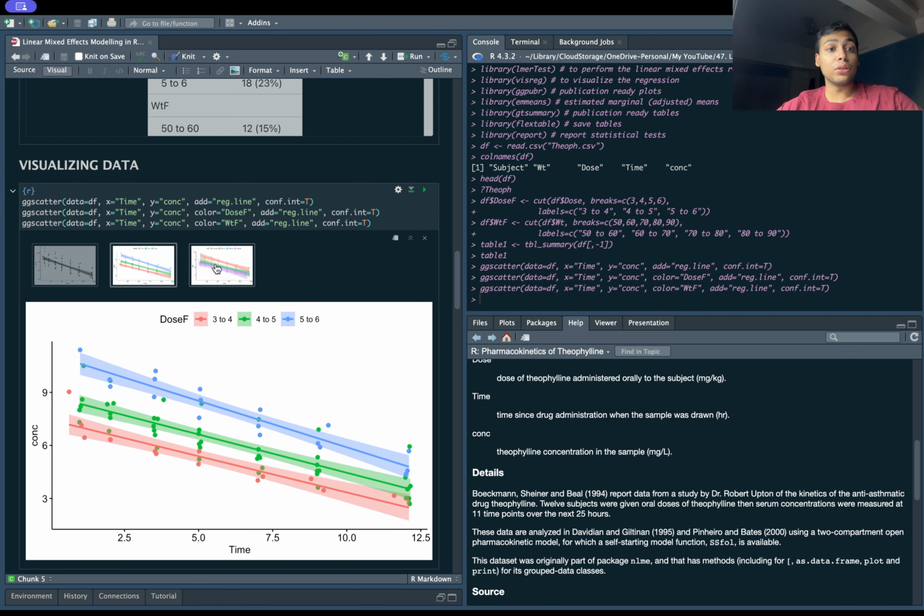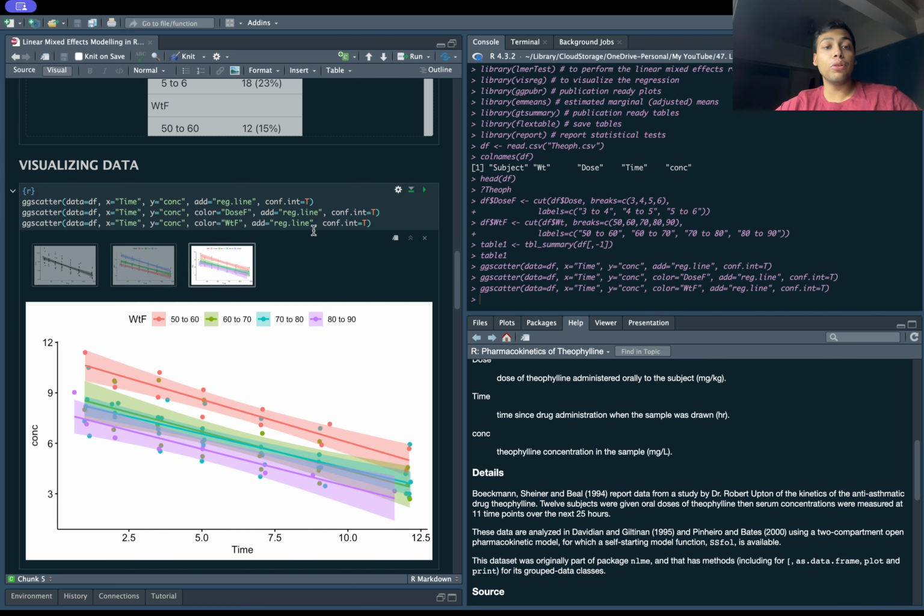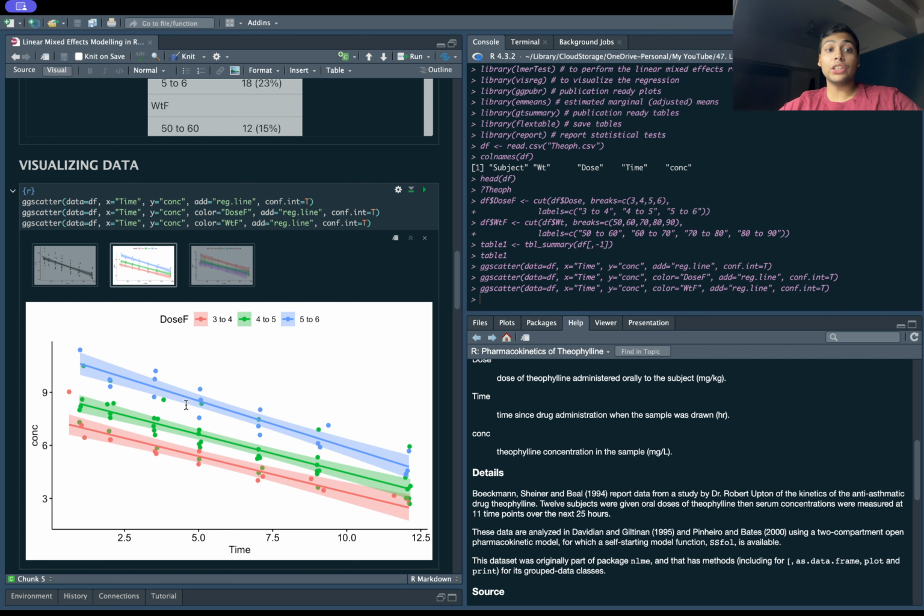I don't think that the dose or body weight will influence the concentration, because okay, there are differences in the straight lines, there are gaps in the straight lines in layman's terms, but look at the slope, look at the rate, the change in concentration, it's almost the same. Okay, these are converging, probably not the same, similar.